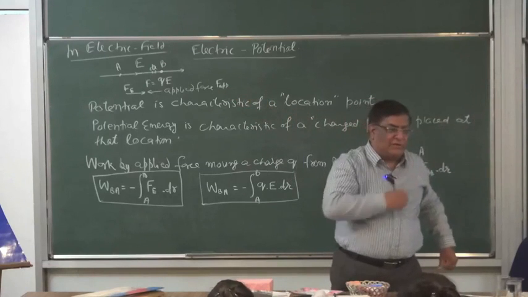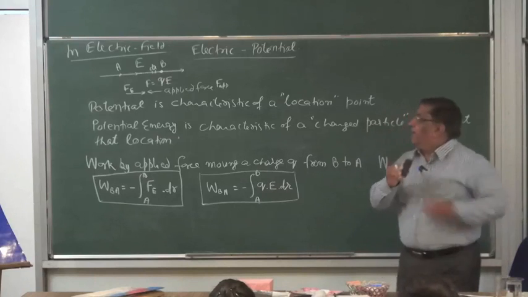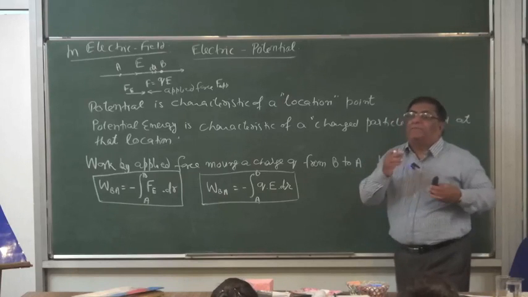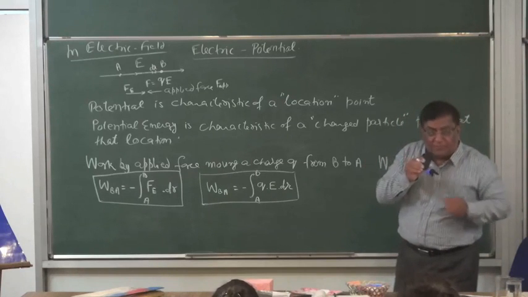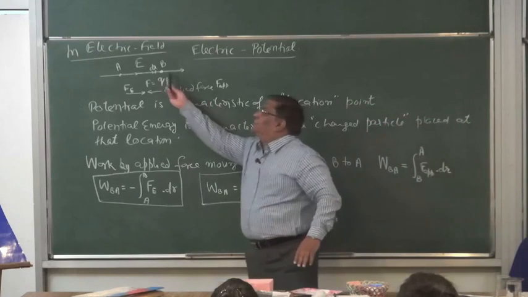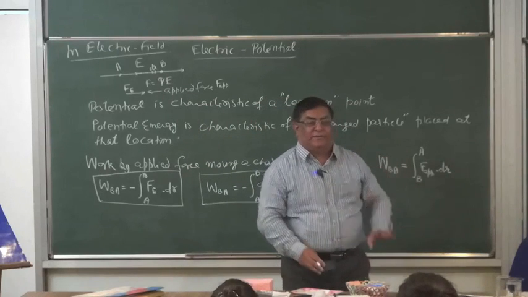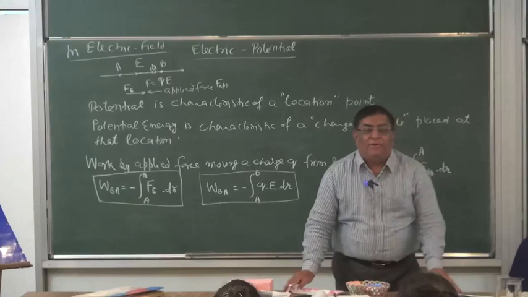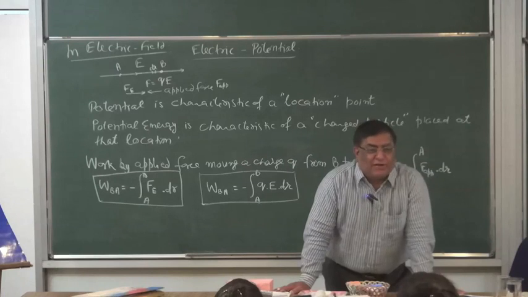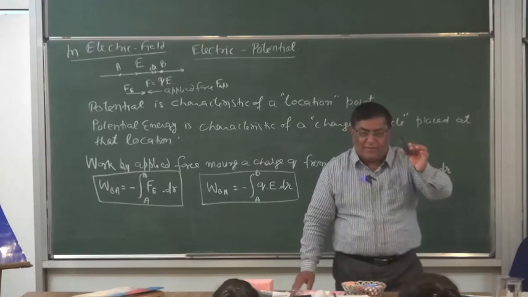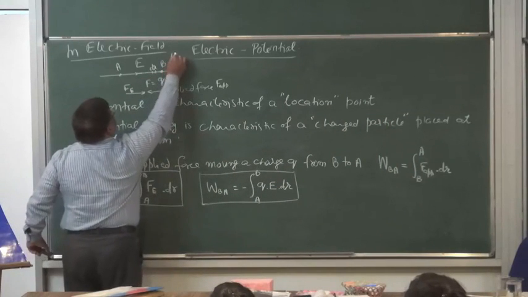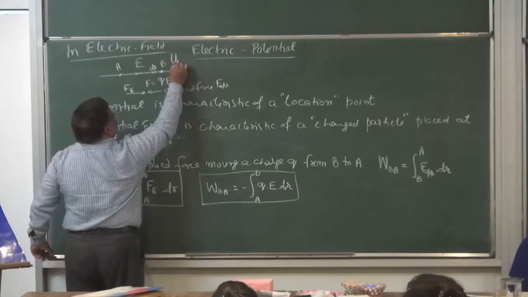From wherever we bring the charge and place it at B, electric field is everywhere, so I have to push it and do certain work. When I stop there, where has my work energy gone? That is stored as potential energy in this charge particle. How much? U_B, the potential energy at point B.